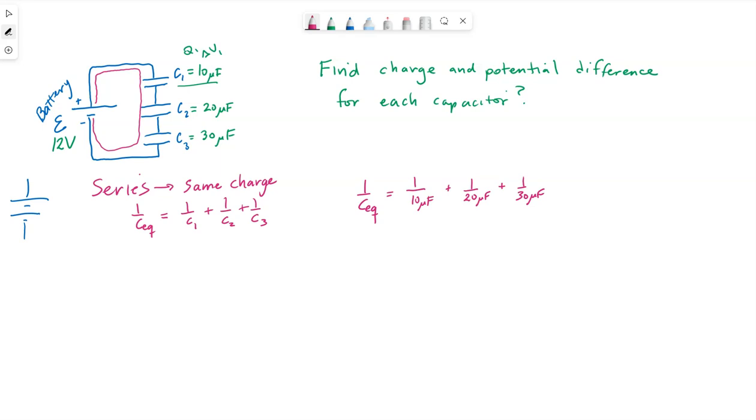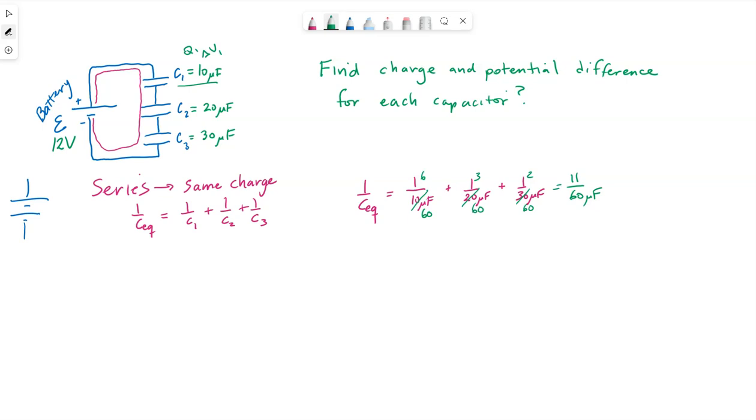Sometimes a common denominator works out nicely, sometimes it does not. Let's go ahead, though, and find a common denominator for this one, just as an FYI. So a common denominator would be what? 60. So we would have 6 over 60 for this first, 3 over 60, 2 over 60, which adds to 11 over 60.